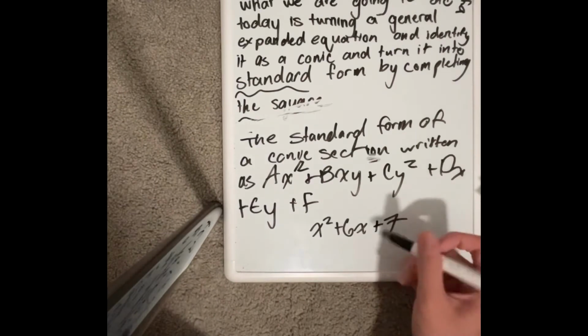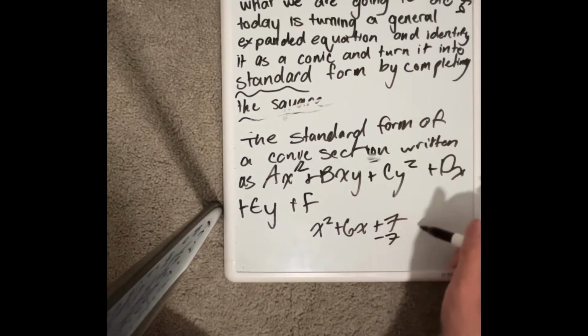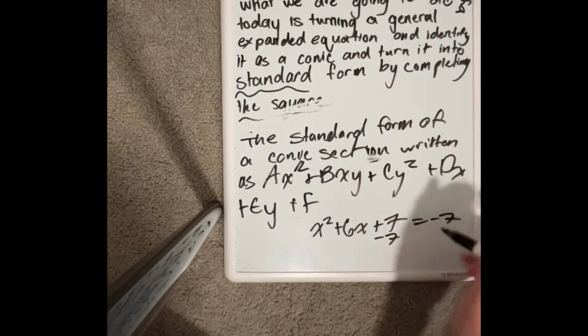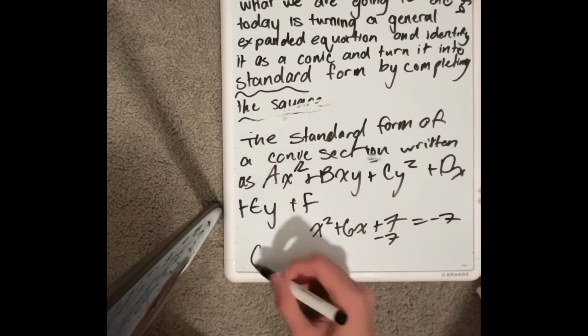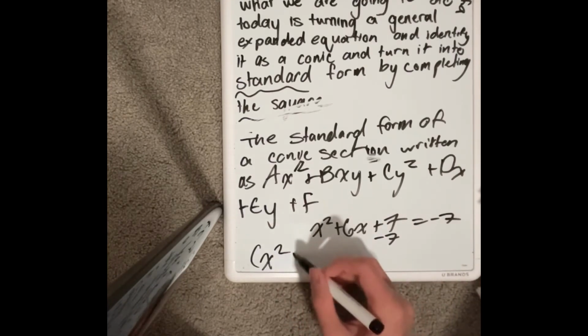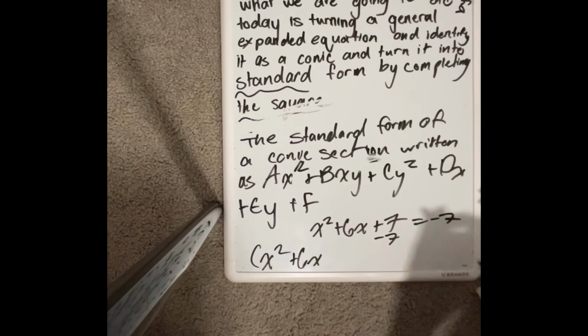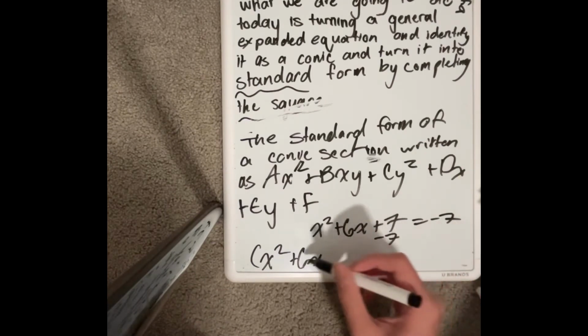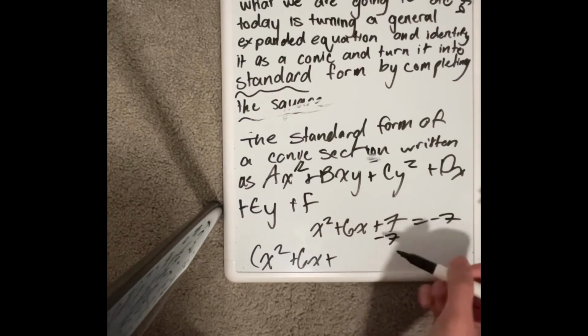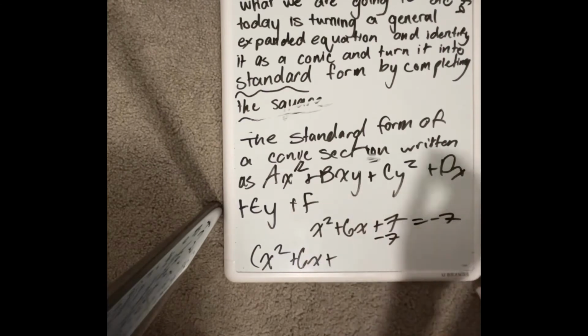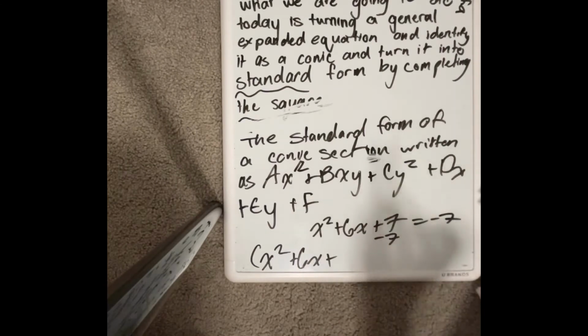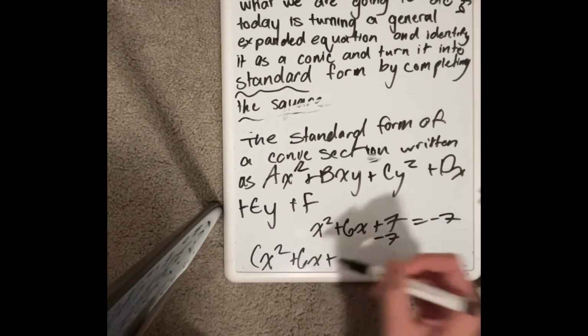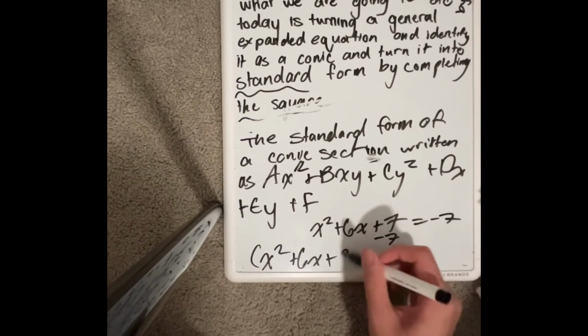I was taught this way, so minus 7 on each side, and then we have x squared plus 6x. For the constant we would put b over 2 squared, so that would be 6 over 2 squared, which is 9.